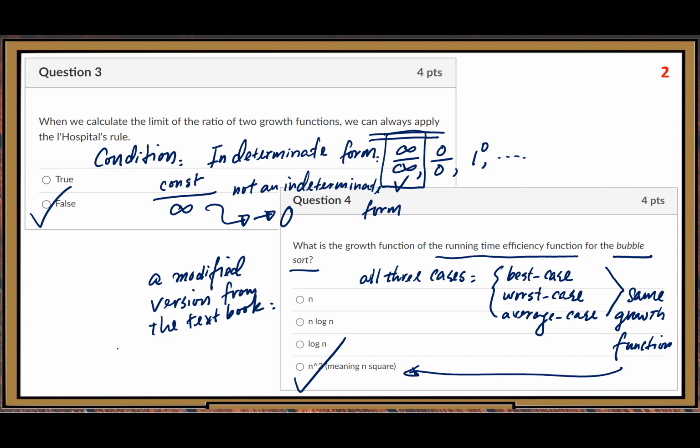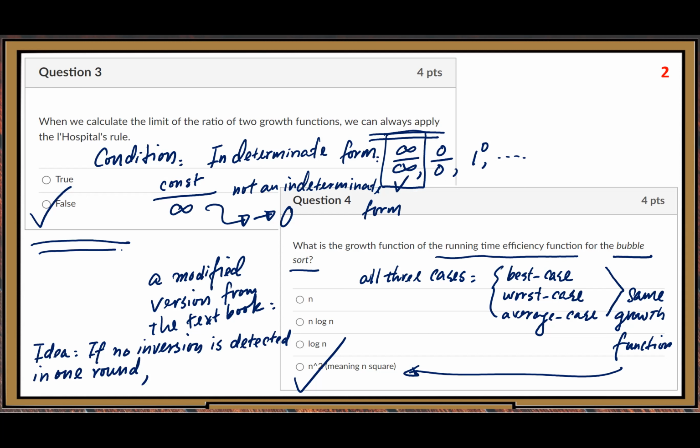The idea is very simple. If no inversion is detected in one round, because you need to do scanning in many rounds, that's the bubble sort, the scanning.